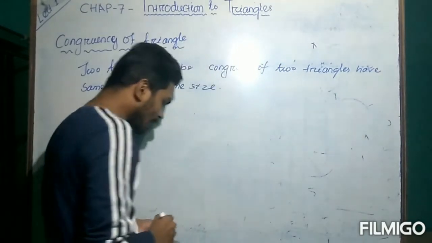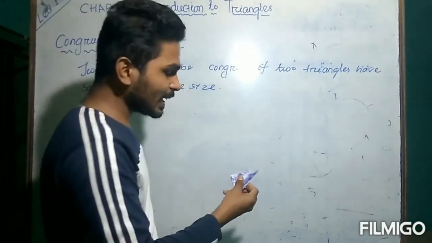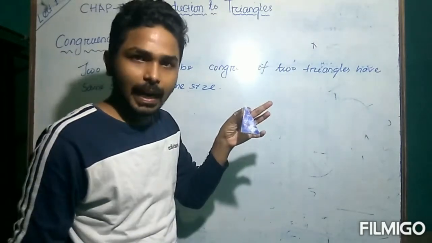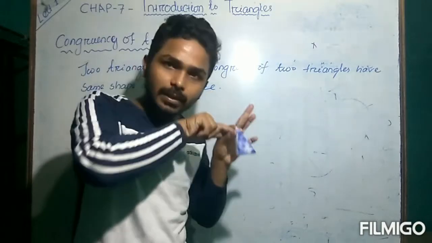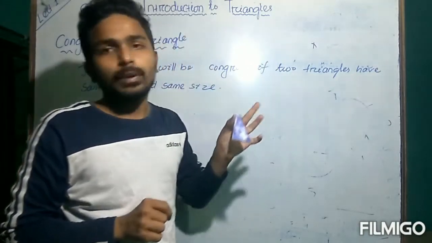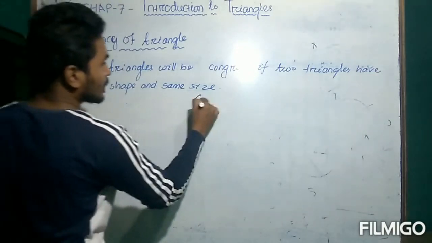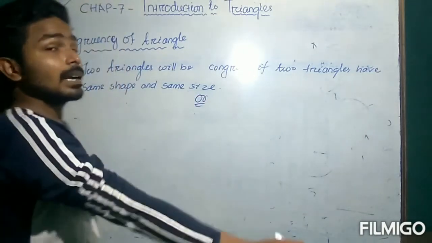In another way, you can prove it like this. If one triangle is put over another triangle such that it completely covers the other triangle, then these two triangles are congruent. Or there is another definition. What is the definition?